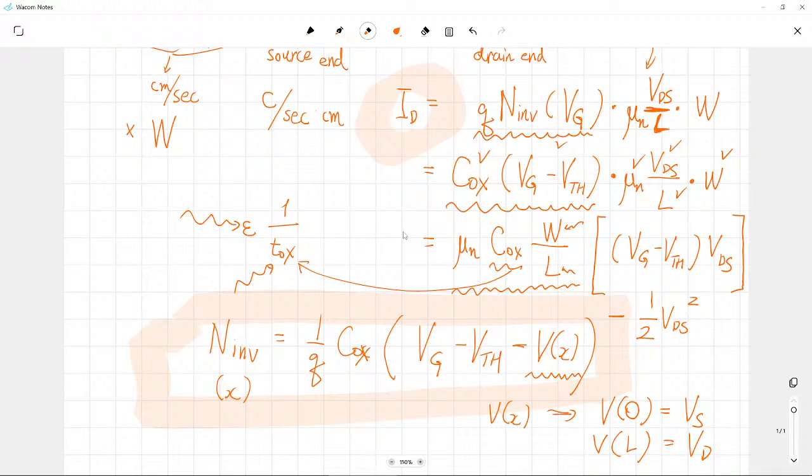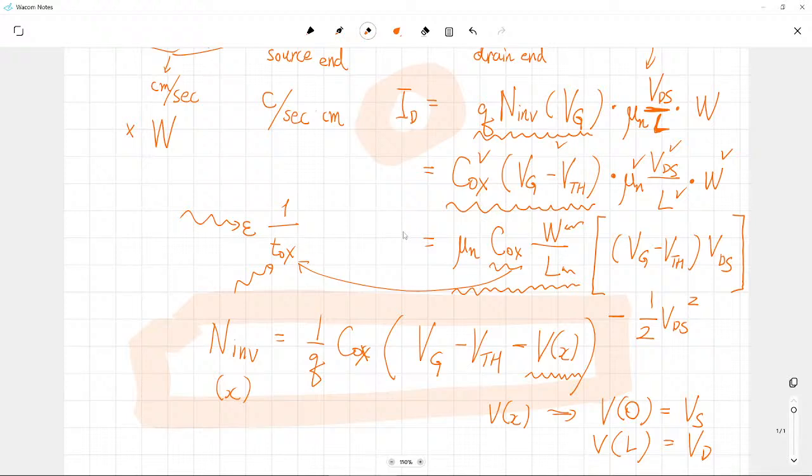So we will have larger current with higher drain bias voltage, because the number of electrons is the same and they move faster, so we will have higher drain current. That is the first effect.